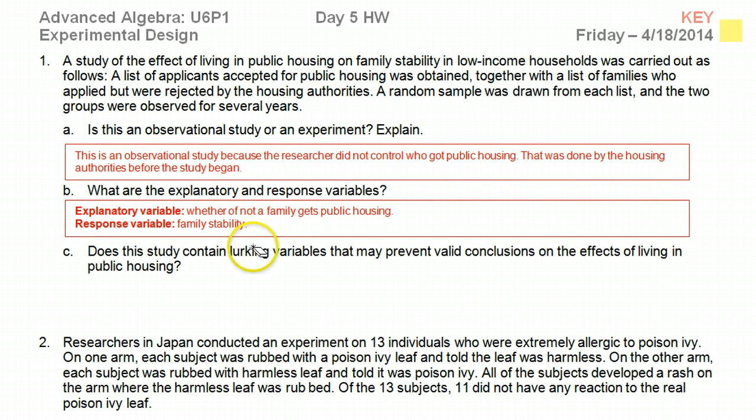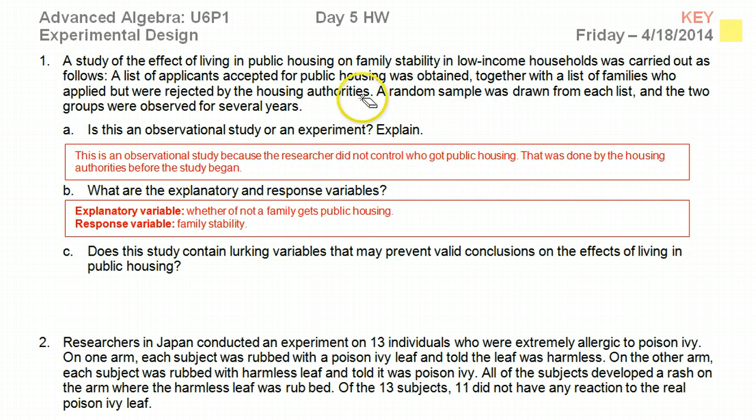And so by putting all those rejected people in one group, that group of people that were rejected for public housing will automatically be a lot more likely to have an unstable family.